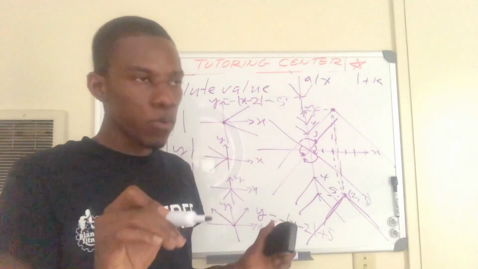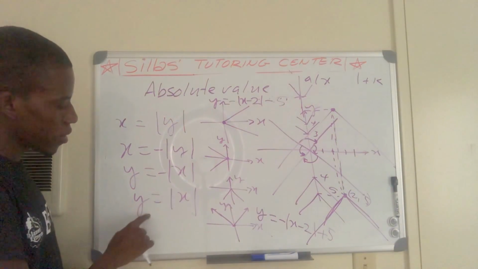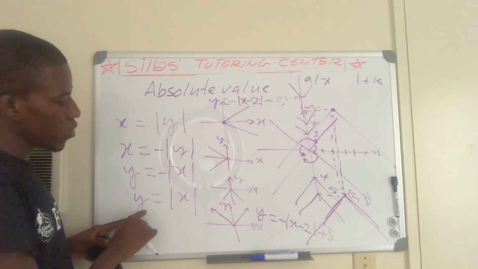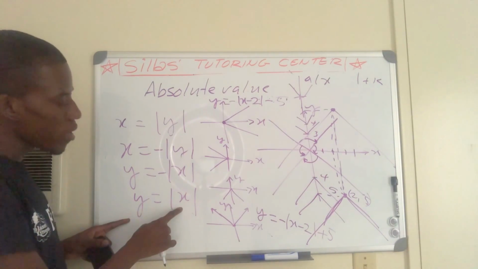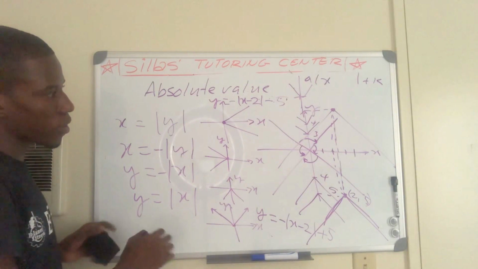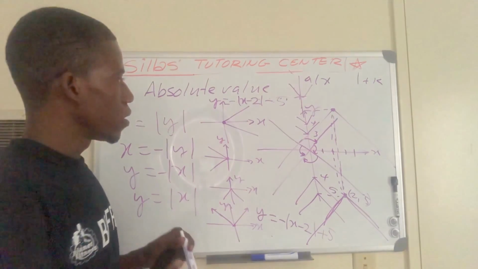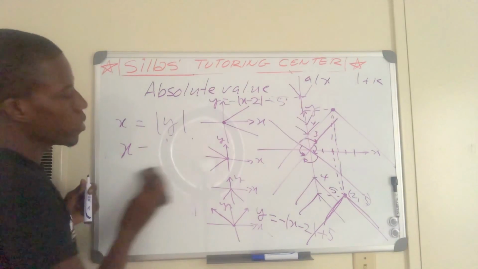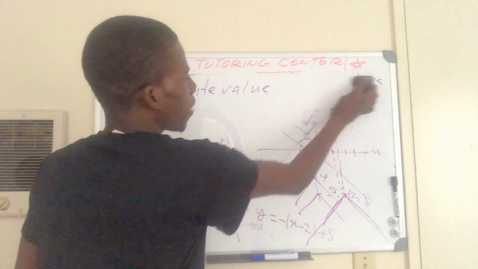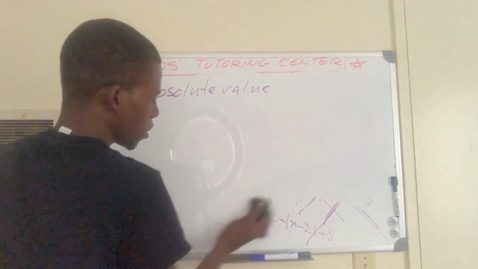If h is 0, we're going to be somewhere on the y-axis. If k is 0, we're going to be somewhere on the x-axis. Okay, so that's all about absolute value function behavior.